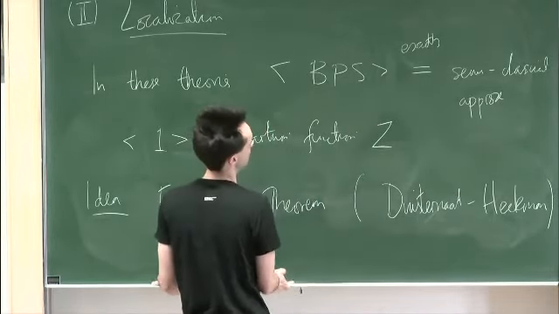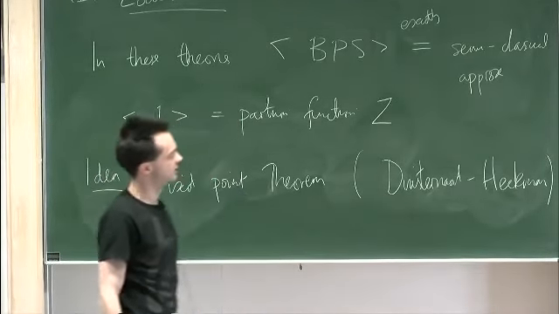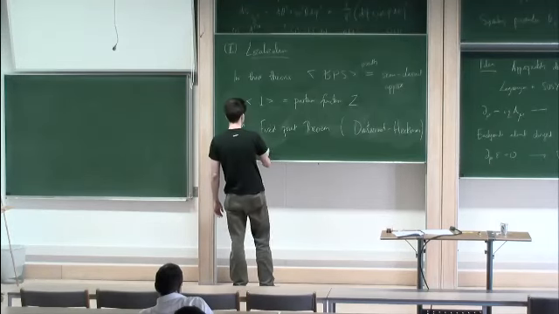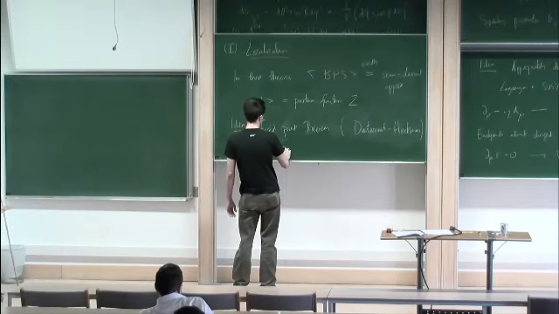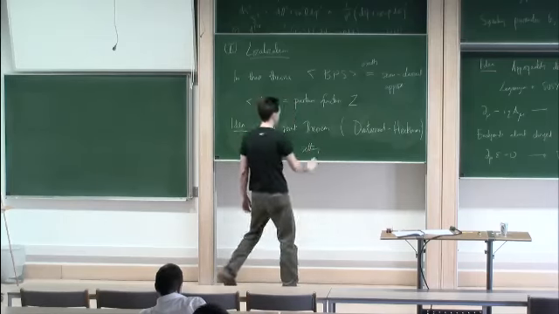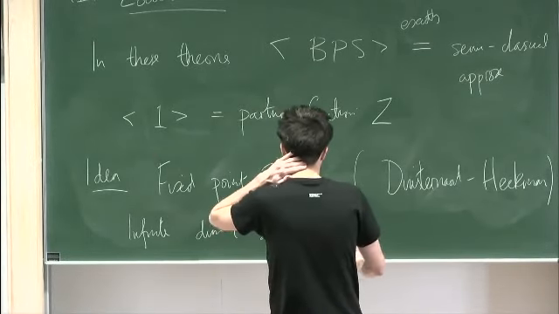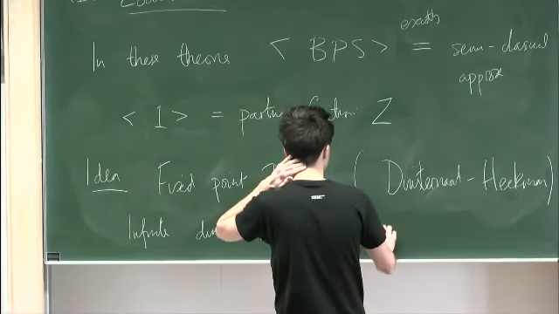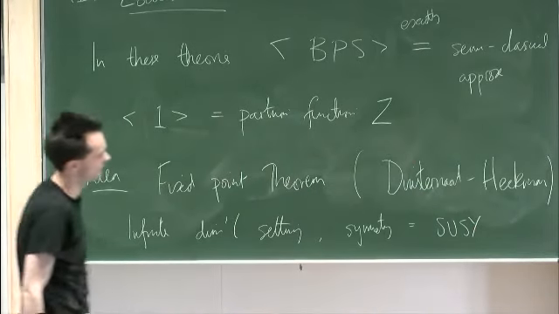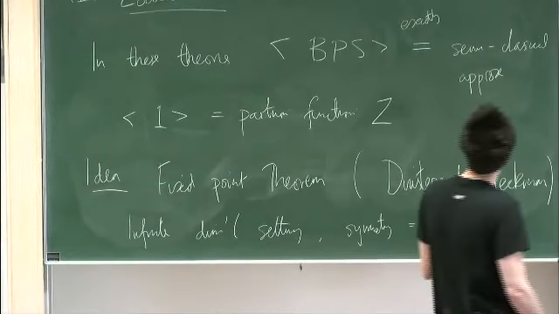It says that the partition function is exactly equal to the semi-classical approximation. These guys did this in symplectic geometry in the early 80s. In field theory, we have an infinite dimensional version of that, because we're talking about a path integral over an infinite dimensional field space, and the symmetry is a supersymmetry. But apart from those formal differences, it's a fixed point theorem for supersymmetry.